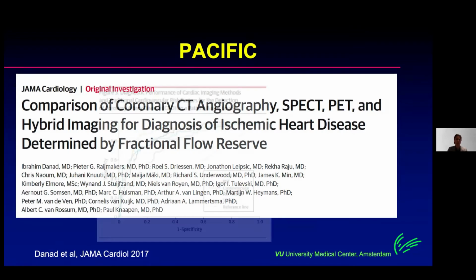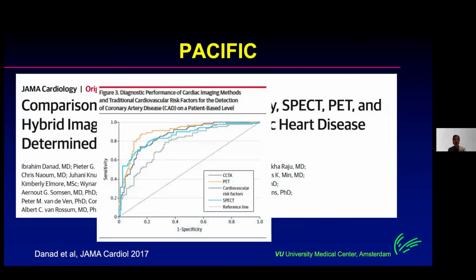So this is the paper, and what we found is that if you did PET up front, that had the highest diagnostic yield, and that SPECT and CT had pretty much the same diagnostic yield. Obviously, PET is not available for the majority of patients that we refer, nor do you get any anatomical information.